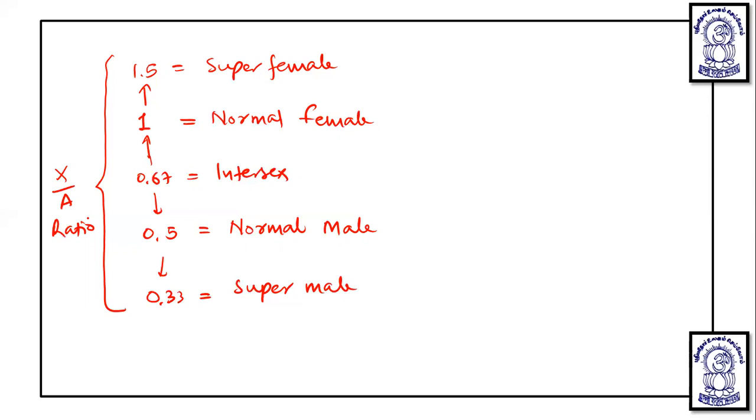Now after this, the next type of sex determination we will see is environmental regulation of sex determination.